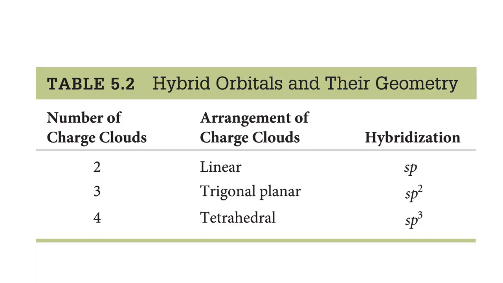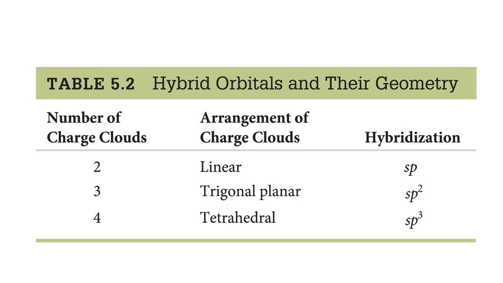Now, probably the most important thing for you to be able to do is to identify the hybridization of a given atom. This isn't really much different than the things we've been doing so far when we did VSEPR theory. This table shows you that the number of charge clouds around a central atom is going to tell you not only the electron cloud geometry, but that alone will tell you the hybridization.